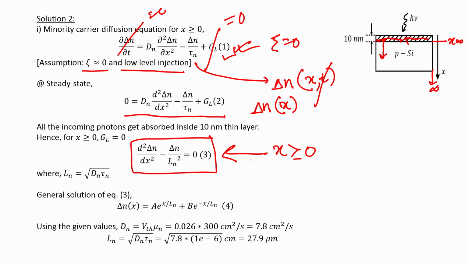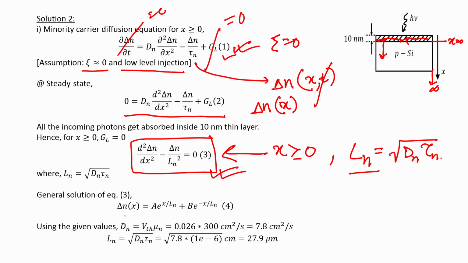Another thing we have just noticed, this Ln, this is the diffusion length, that is equal to root over Dn tau n. This is the diffusion length of the minority carrier, that is the electron here. Now, so basically we have to solve this differential equation under a particular boundary condition. So, what will be the general solution of this equation?